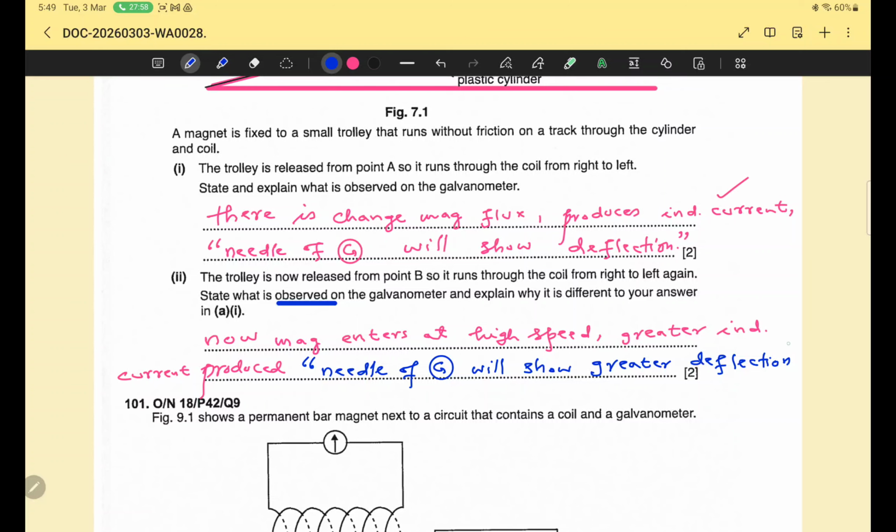When the speed is high or the magnet is stronger, greater current is produced. When large current is produced, then the needle of the galvanometer will show greater deflection.